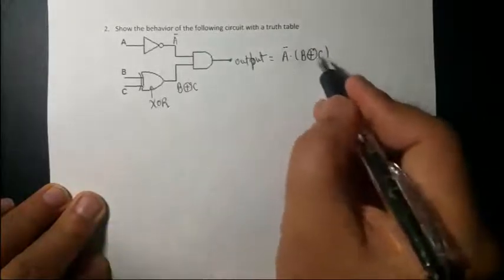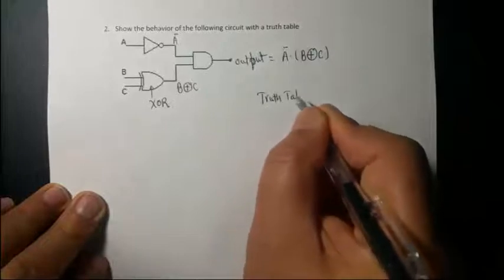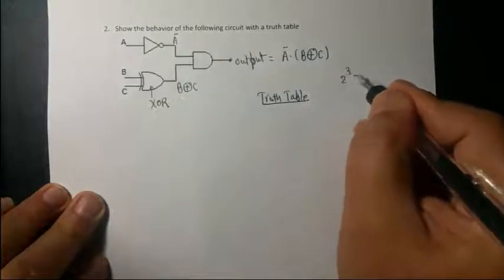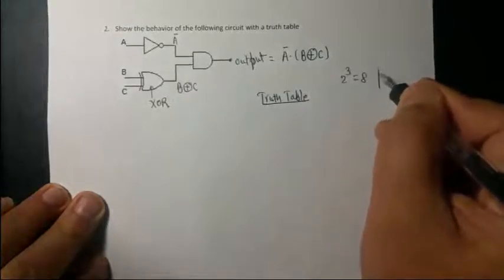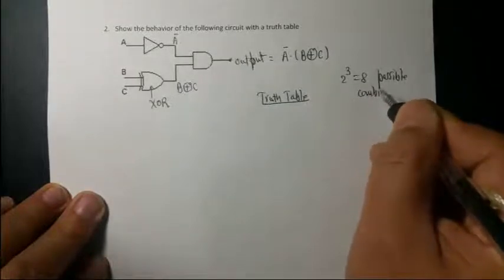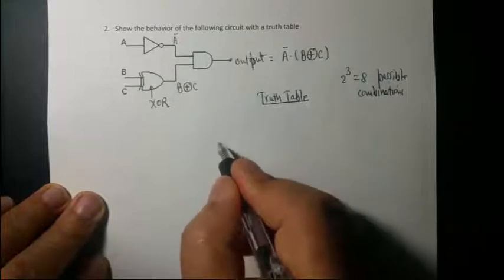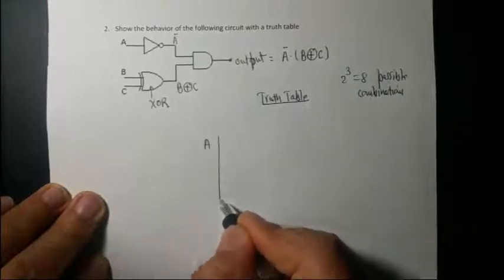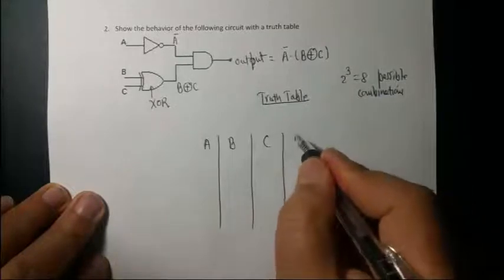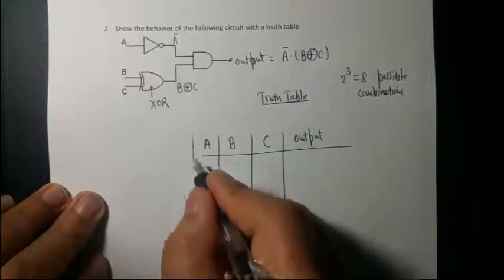So this is the output, and let's build the truth table first. It has 3 inputs, so it has 2 to the power 3, 8 possible combinations. You build it similar to the other problem, with A, B, C, and then the output.